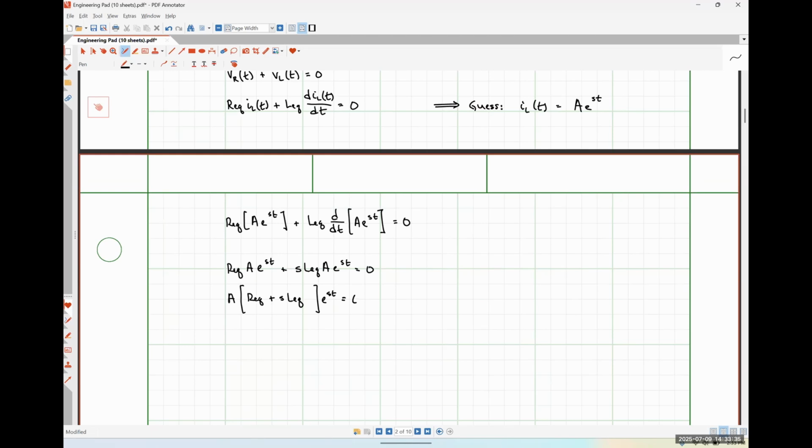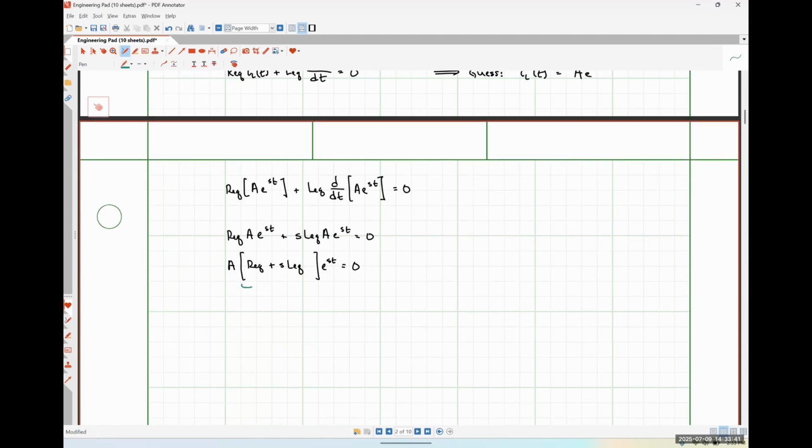And then this has to be equal to 0. So this bit in the middle is what's commonly referred to as the characteristic equation for the system.